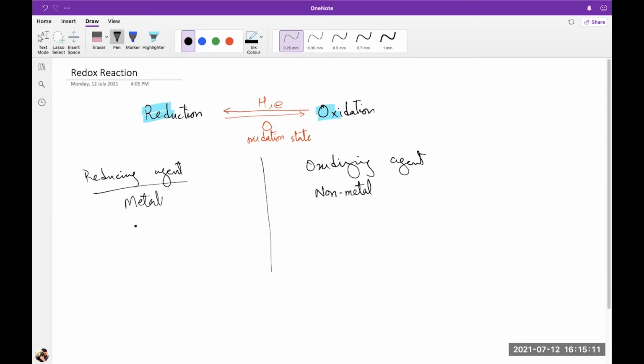Another important reducing agent that you need to remember is potassium iodide, because when you dissolve it in water, it goes from colorless to brown. Why is that? Iodide in potassium iodide has a negative charge, but it becomes I2. It gives electrons away, and this thing in water is brown.